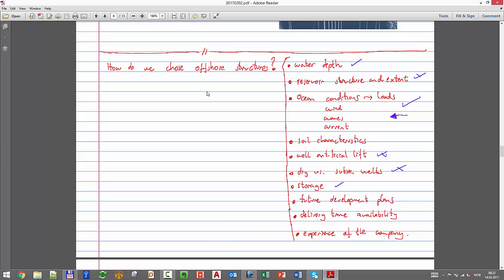So what were the structures that could allow dry Christmas tree, if you remember? First, we have the ones that are fixed: jacket, gravity-based structure, and compliant tower. These they accept because they are just fixed to the seabed. But then on the floating, we had, surprisingly, two of them: the TLP and the spar. If you remember, the spar was that long one.